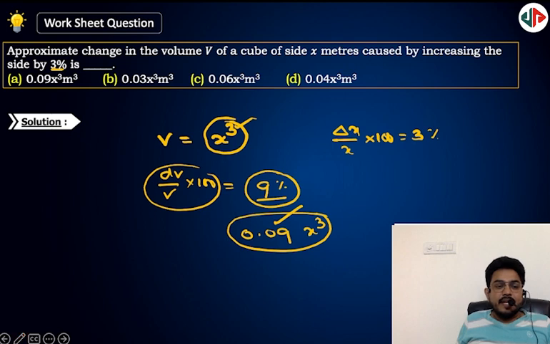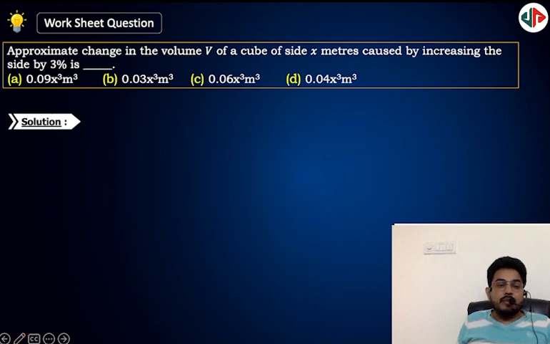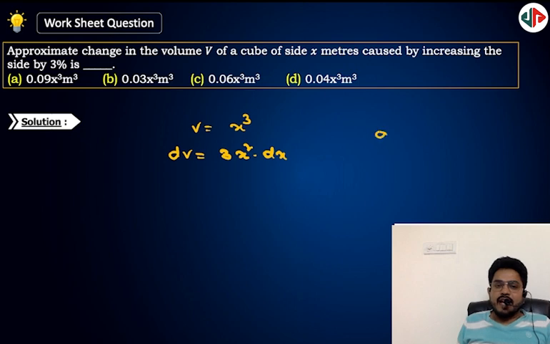Here this can also be solved in one more way. Volume is equal to x cube. They are just asking dv. dv is equal to 3x square into dx. We have dx by x into 100 is equal to 3. So dx is equal to 0.03x.